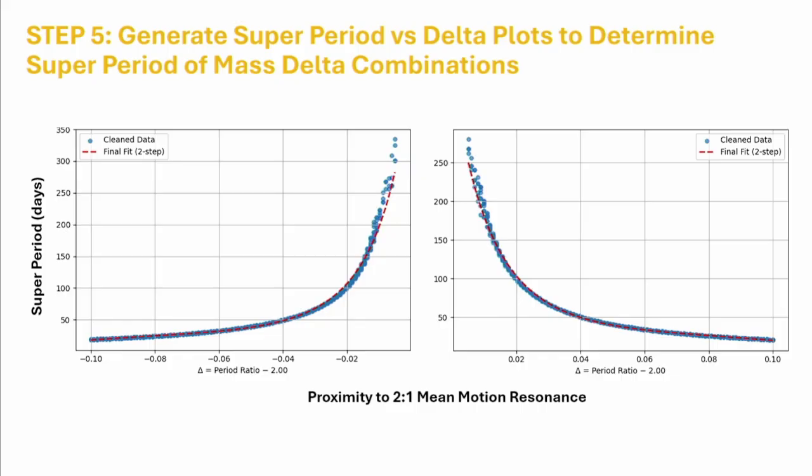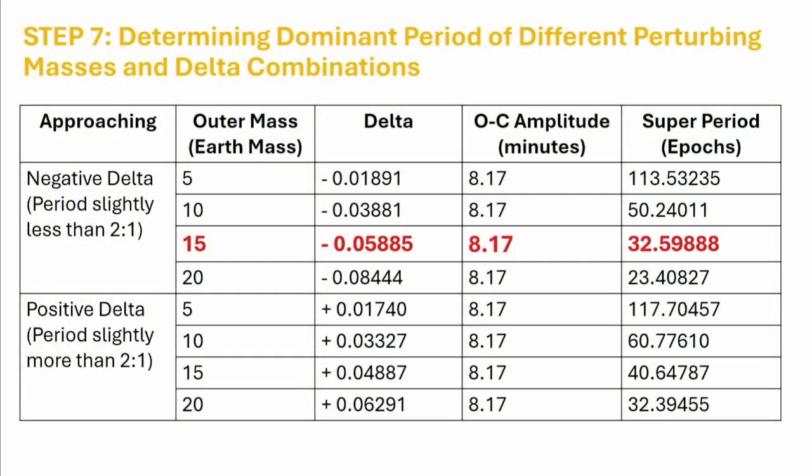I already knew the super period of Kepler-18c, so if I could find the super period of all of these 8 points and see which one matched the closest with Kepler-18c, I could find the right combination. Using these plots, I was able to find the super period of each of these 8.